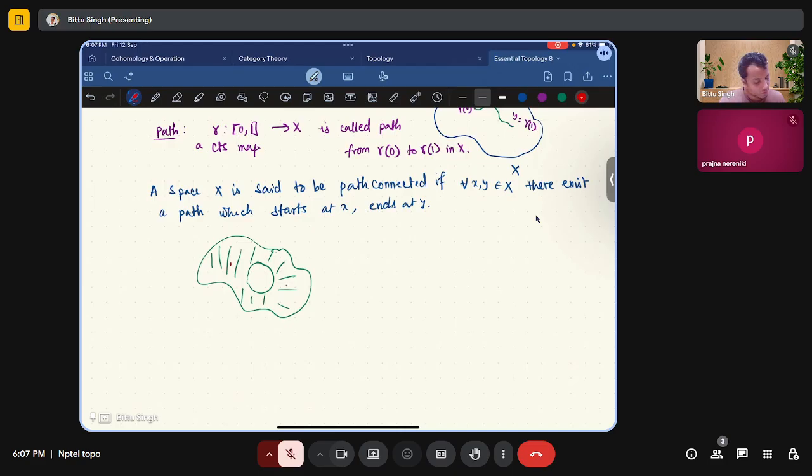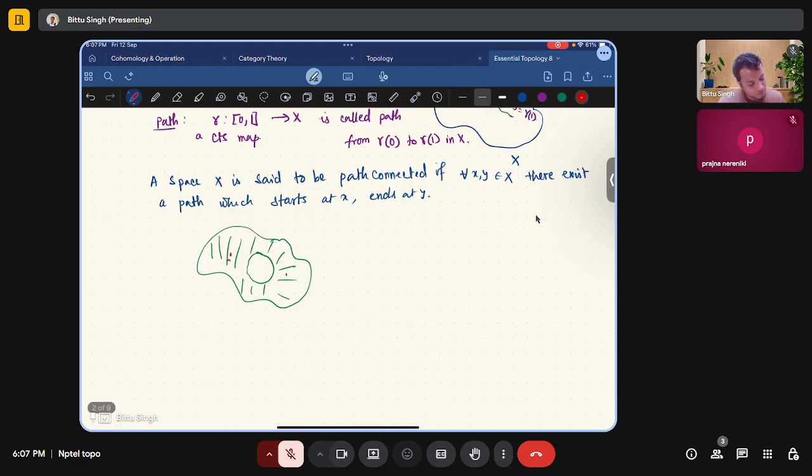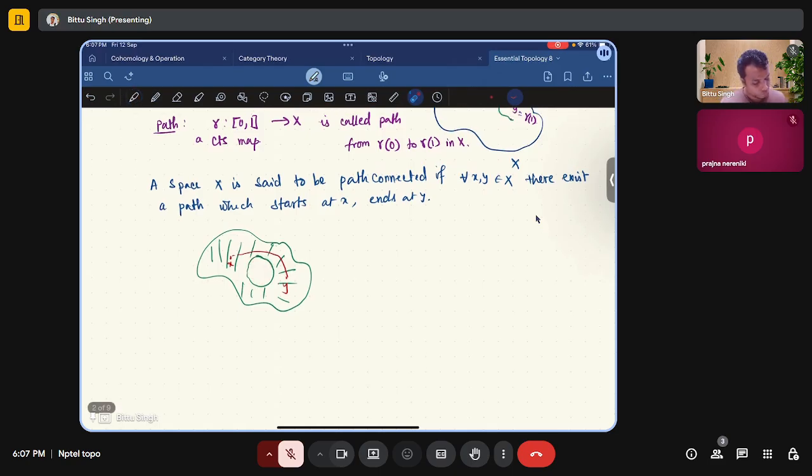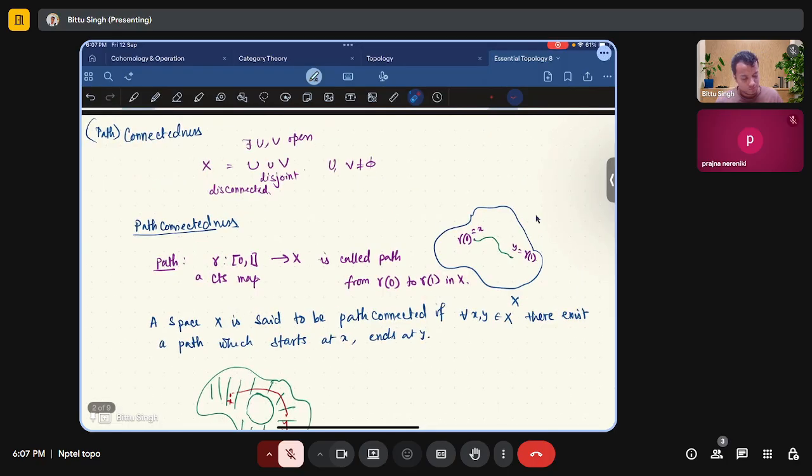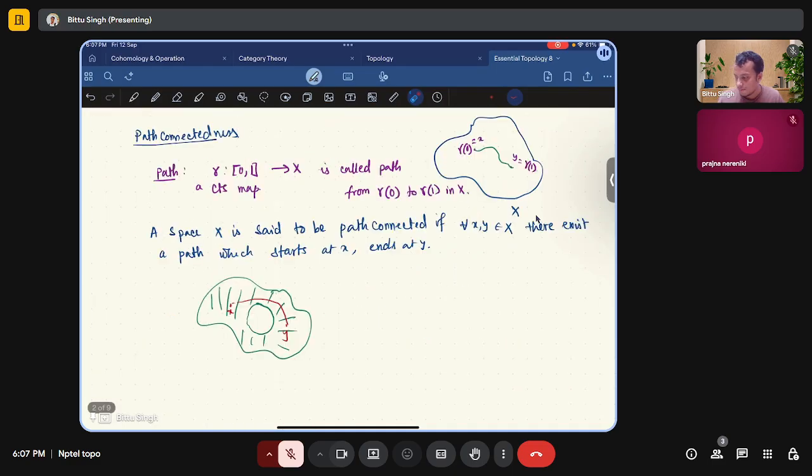Choose any two points x and y. We can always join those two points using a path which avoids this disk. So even if we remove this kind of disk, it remains path connected. So those are a few very easy examples.